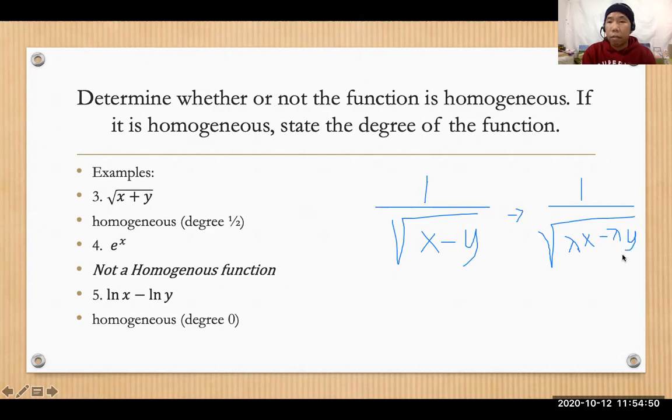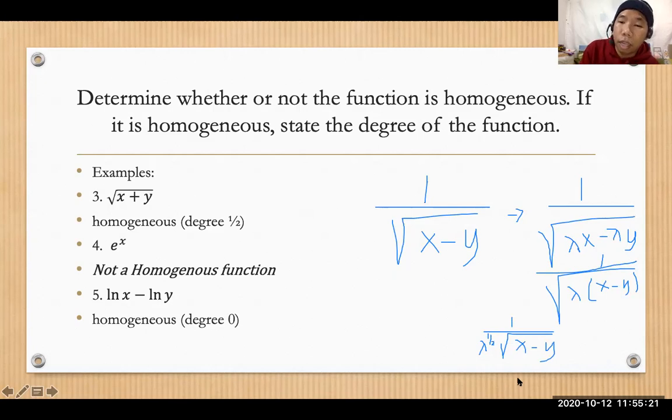Factoring out lambda, that is x minus y. Putting 1 in the numerator, you have 1 over lambda raised to 1/2 multiplied by the square root of x minus y. So your lambda is in the denominator.